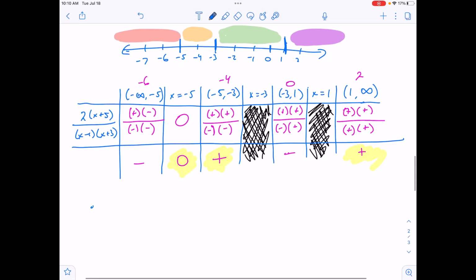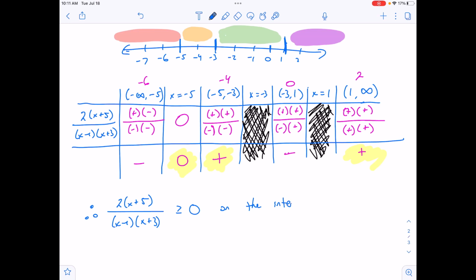I can say therefore 2x plus 5 divided by x minus 1 times x plus 3 is greater than or equal to 0 on the intervals -5 and then also between -5 and -3. So I'm going to write my interval -5, -3.